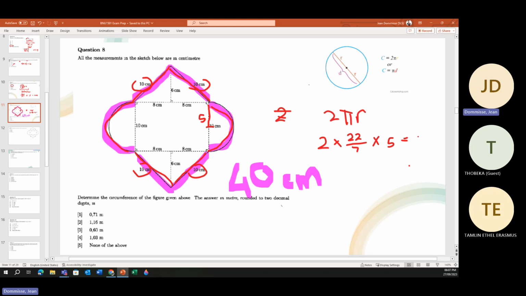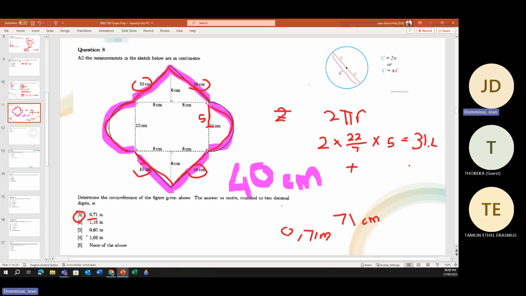So I get that is about 31,4. So if I add 51 plus 40, I get about 71 centimeters. So the closest is probably option 1, which is 1,71 meter.